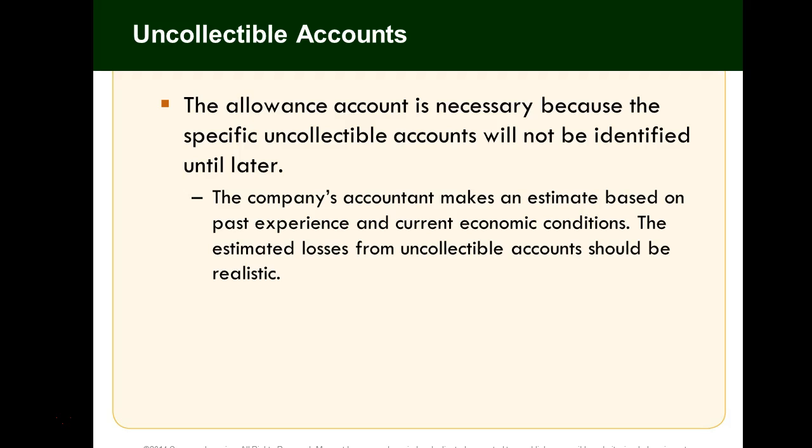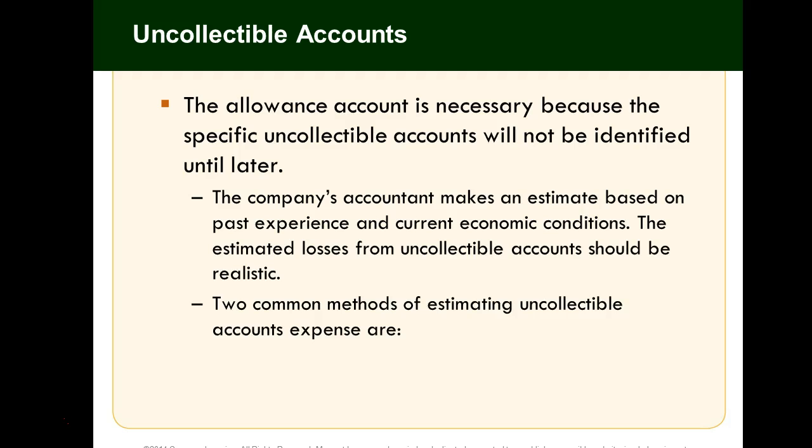The estimated losses from uncollectible accounts need to be realistic. Generally speaking, companies are going to want to overstate assets, overstate income, understate expenses. But we want to be conservative in our approach and realistically portray the real company's financial condition.